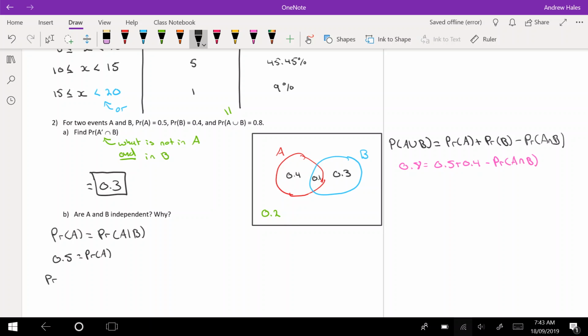Probability of A given B equals the probability of the intersection over the probability of B. And that would give me 0.1 divided by 0.4, which equals 0.25. Therefore, they are not independent.